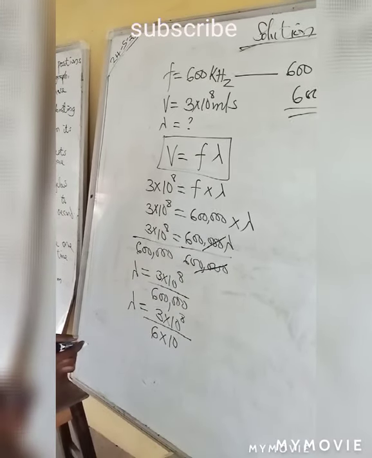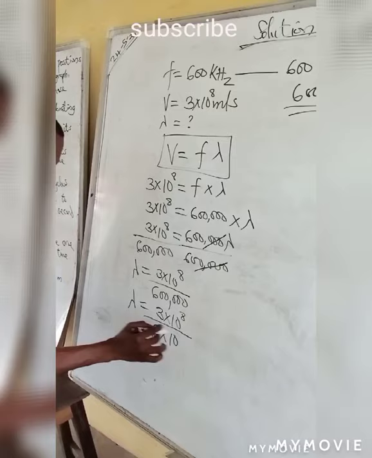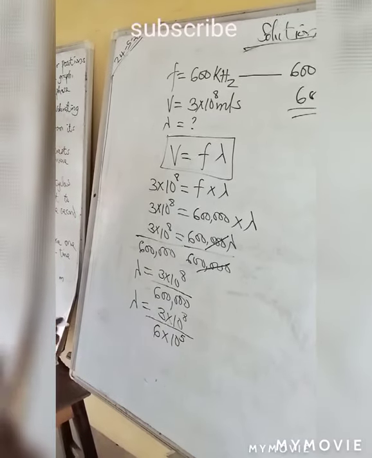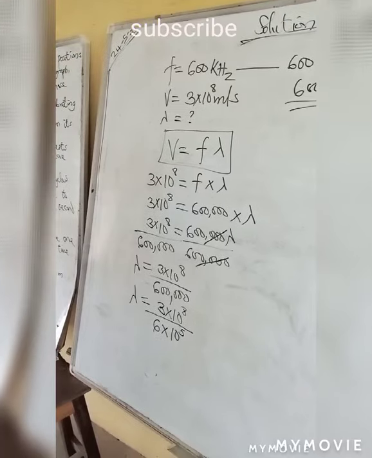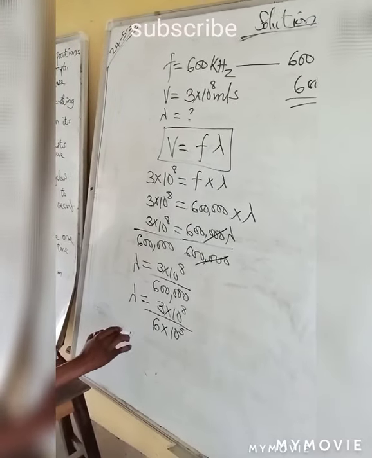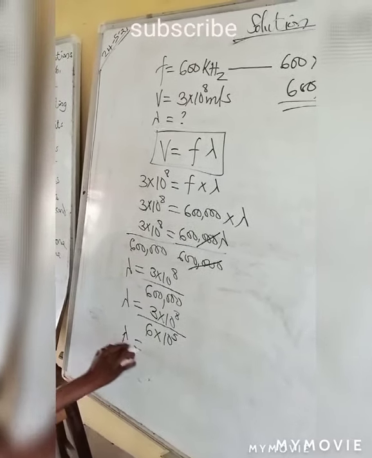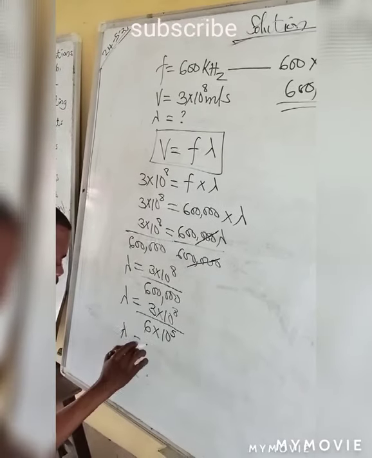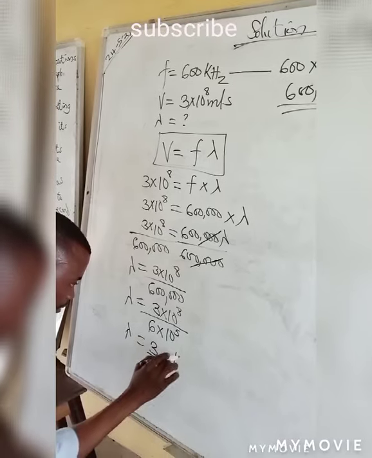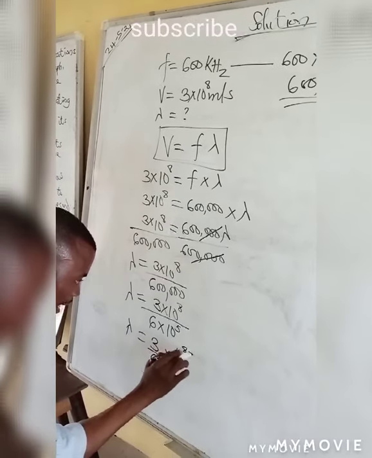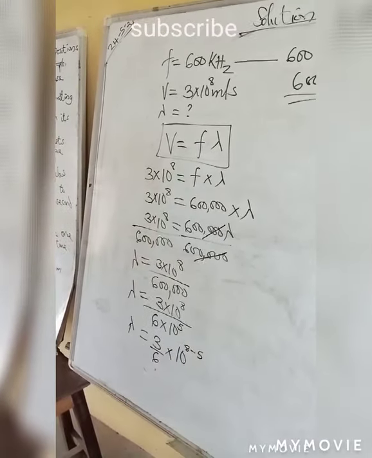Count the number of zeros. It's going to be 6 times 10 raised to the power 5. From there, with the law of indices in mathematics, you can easily have wavelength equals 3 all over 6 multiplied by 10 raised to the power 8 minus 5.